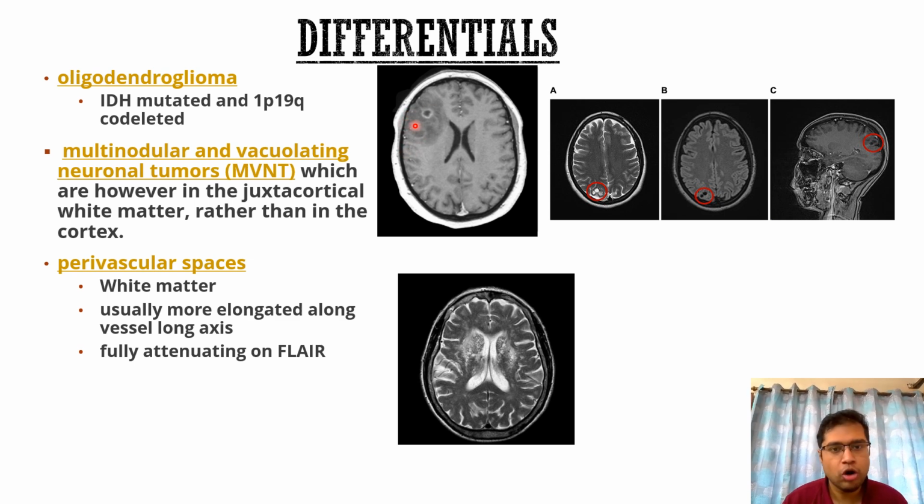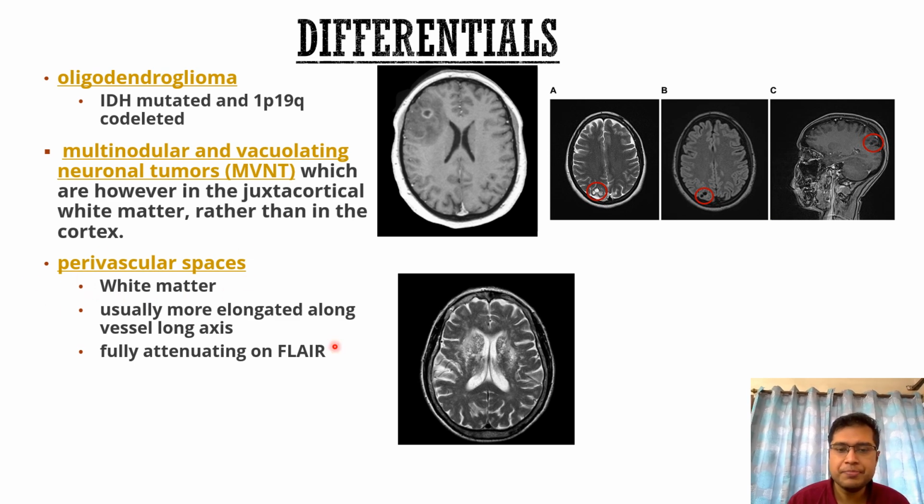It usually shows contrast enhancement and has a lot of calcifications. Coming to MVNT, multinodular vacuolating neuronal tumors, they're usually juxtacortical white matter rather than the cortex, but they have that soap bubbly appearance. But they do not give a T2 flare hyperintense rim sign, which is characteristic for DNET.